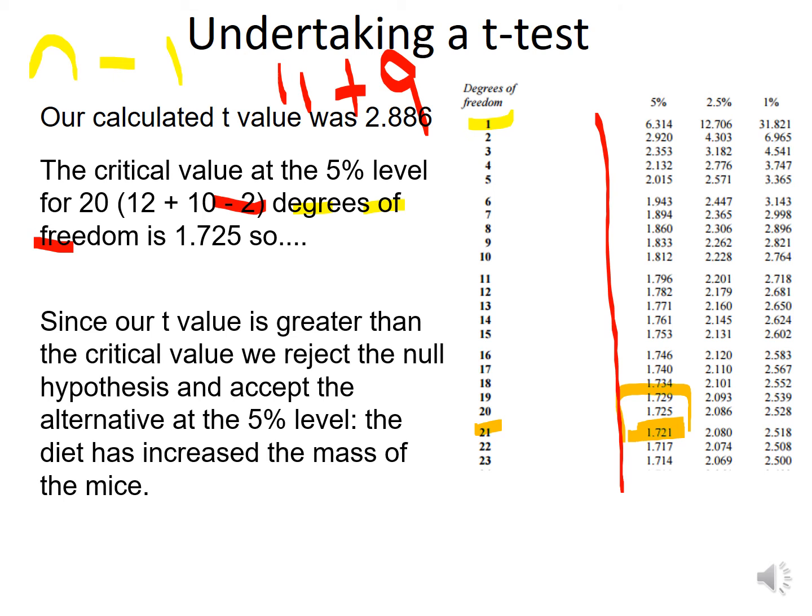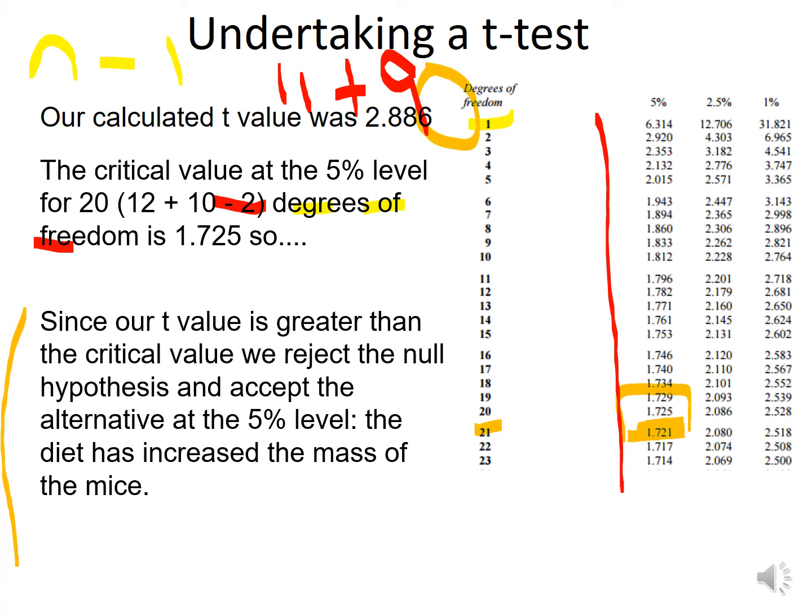We compare our t-value to that critical value. This is why we can use the word significant, because we are comparing it to something mathematically calculated. We're not just going, yeah, that standard deviation looks slightly different to that standard deviation. We're actually comparing it to something. So it says here, our t-value is greater than the critical value. Our t-value was 2.